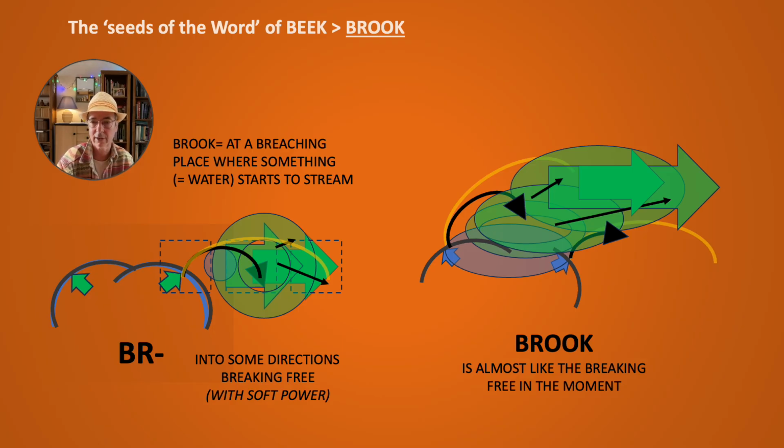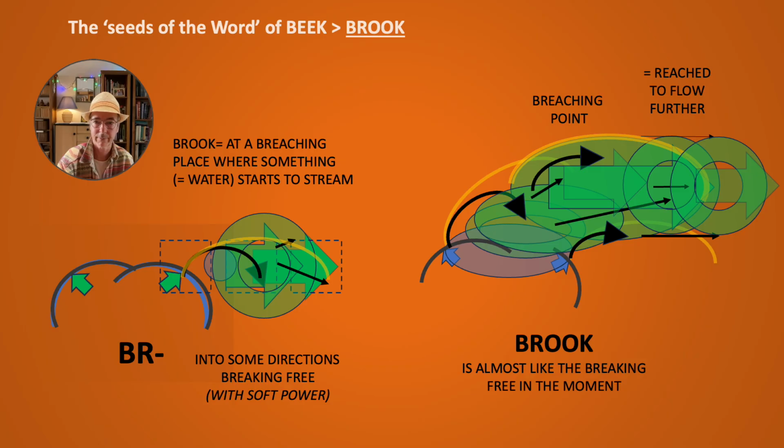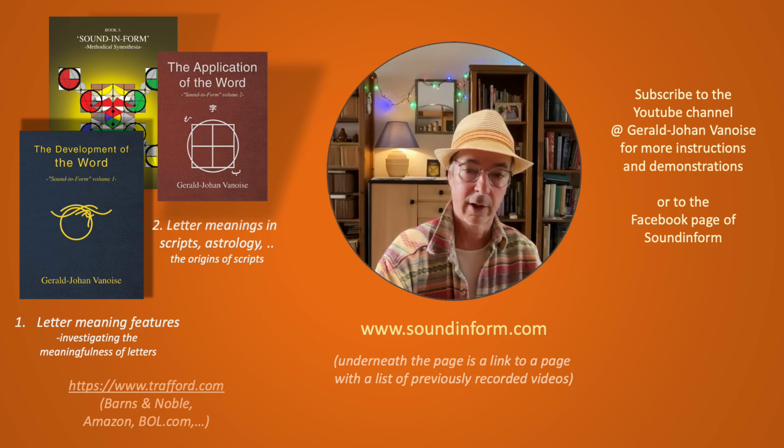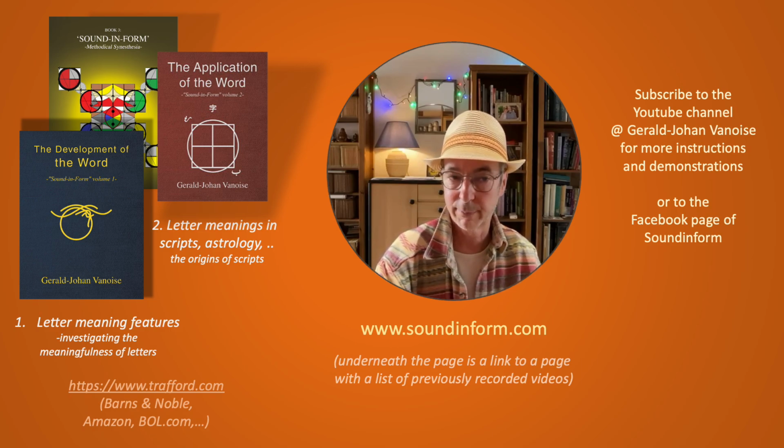That's what is actually happening here. So for me, it's also about the breaching point, which is reached, where things can flow in their own direction. So I hope the combination of letters was a bit more clear.